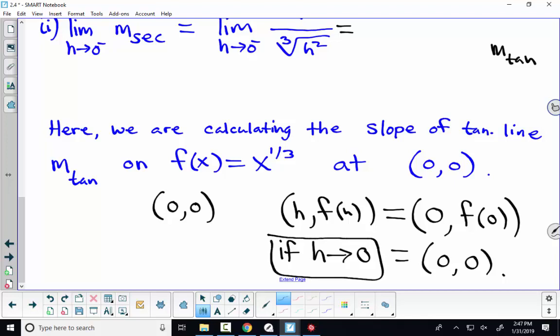So whatever our result is in parts 1 and 2, that's saying on the function cube root of x at the origin, that's the slope of the tangent line that we're calculating. Does that make sense? Do y'all have any questions on that?